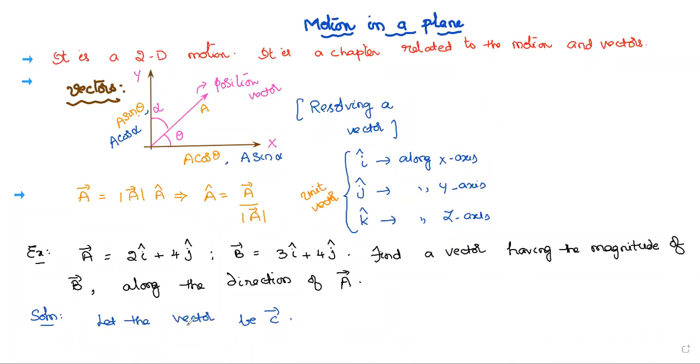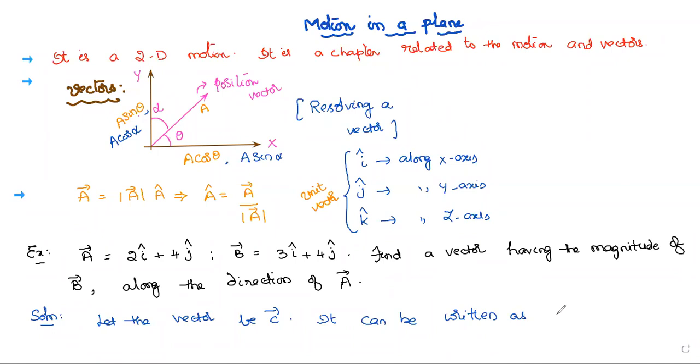Okay, right? See there, let the vector be C bar, Nana. For this vector C bar, he said it has the magnitude of B bar. So magnitude of C bar is magnitude of B bar, 5. Very good.